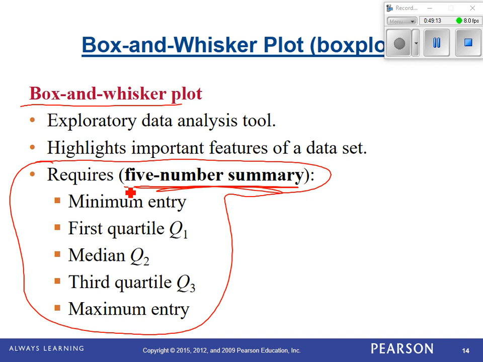Where are we going to be able to get those 5 numbers from? They're all on the calculator. All of them are on the calculator if you put the data into a list.